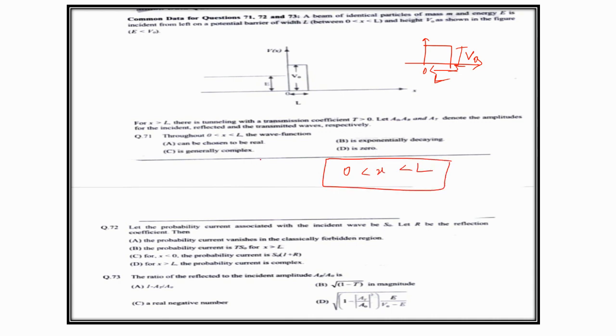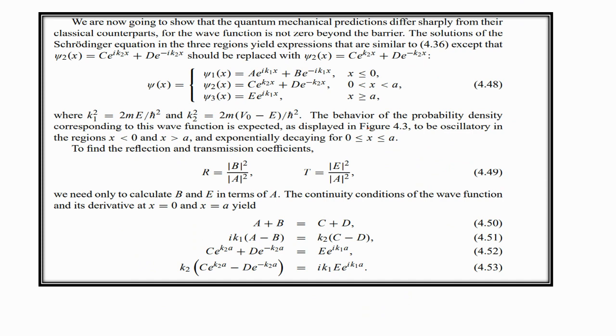The wave function will be exponential. Yes, exponentially, true, because it will be exponentially decaying. If you apply the Schrodinger equation in all three regions, in the first region you will get complex terms.